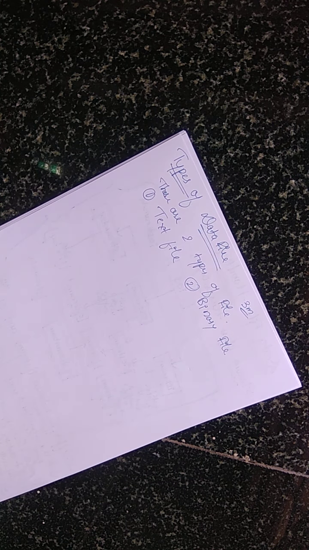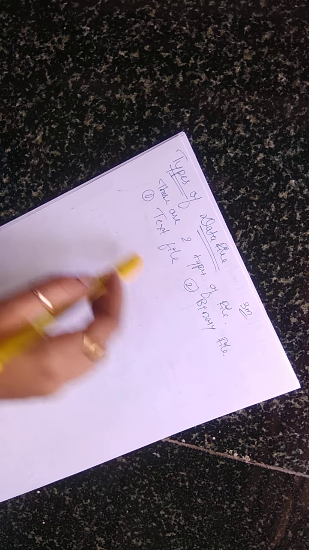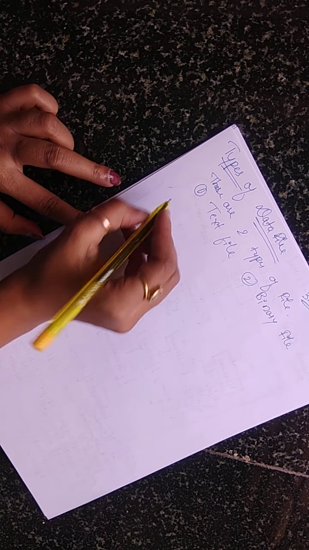First you write down the meaning of a file, that is, for what purpose we use a file. You write that files are used to store data or information permanently for future use. These files are divided into 2 types: the first is the text file, the second is the binary file. Then you explain the text file and the binary file separately.